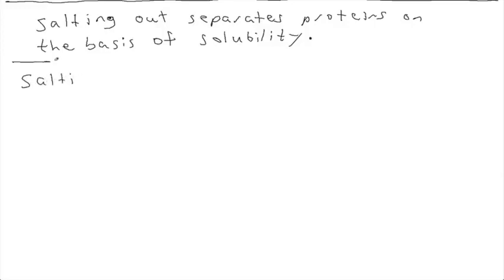It's confusing because there's actually two different ideas here. Salting in. Yeah, I was reading that actually. I was very confused because they talked about the salt molecules competing with the protein, or the salt ions and the protein. Okay, let's try to clarify that.